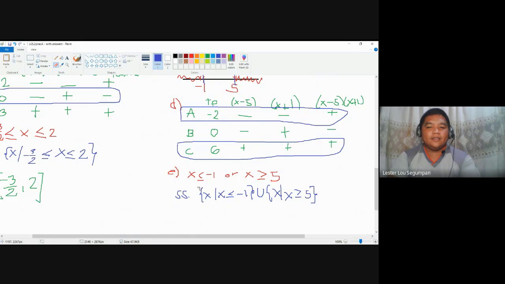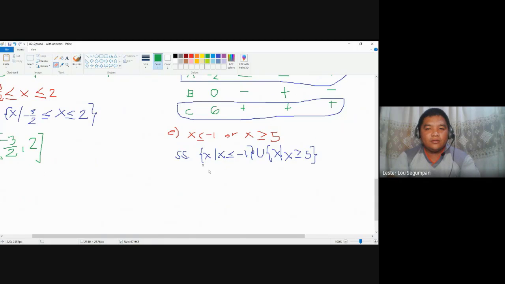And then the interval notation would be from negative infinity until negative 1, open for infinity, but since we have equality, bracket. Still union, bracket for 5 because of the equality, and you have here positive infinity.